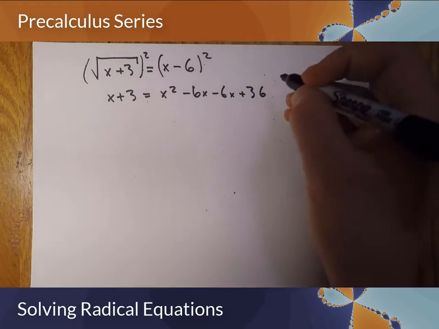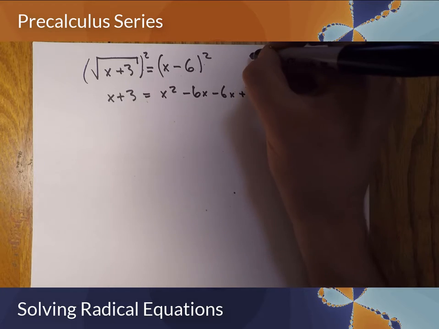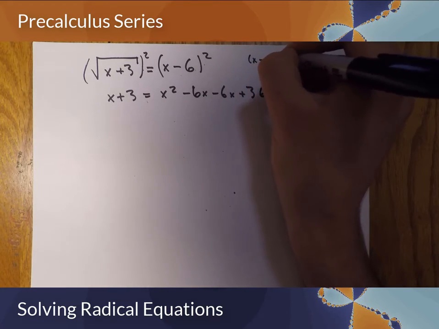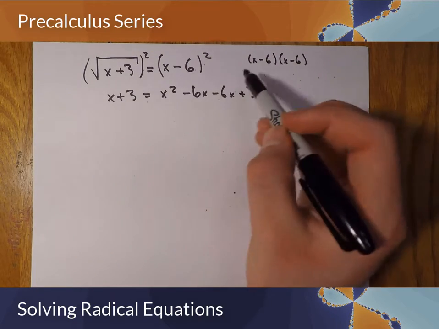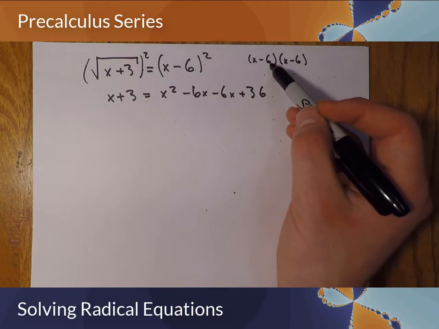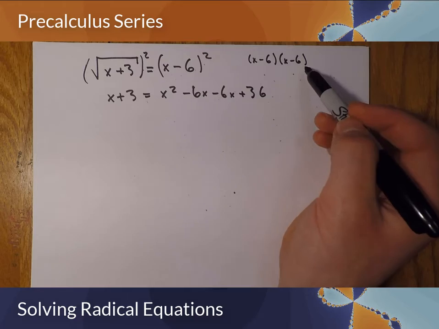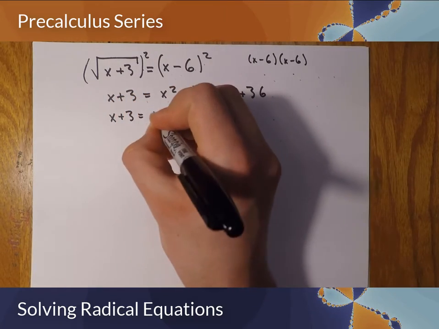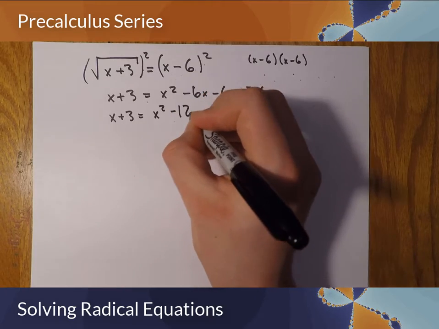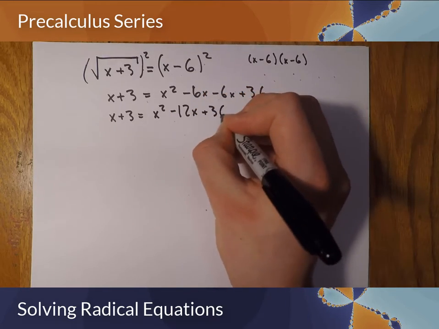You can kind of see, I'm just going to do it over here real quick. x minus 6, x minus 6. And you can see now how you can get x squared minus 12x plus 36. All right, so now we have x plus 3 equal to x squared minus 12x plus 36.